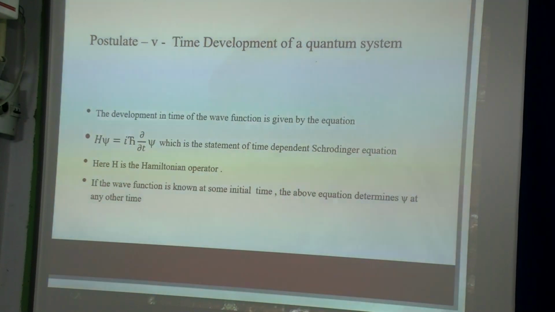So, it gives the time development of a quantum system. It states that the development in time of the wave function is given by H psi equal to i h cross dou psi by dou t. This is nothing but the time dependent Schrodinger wave equation.